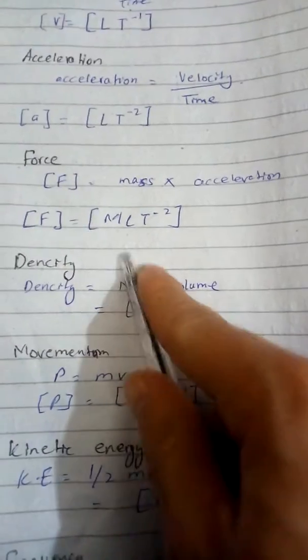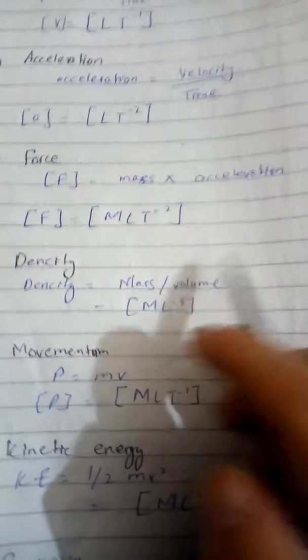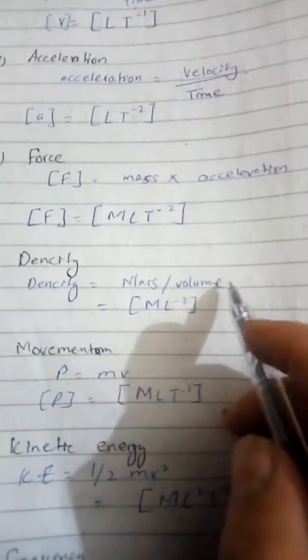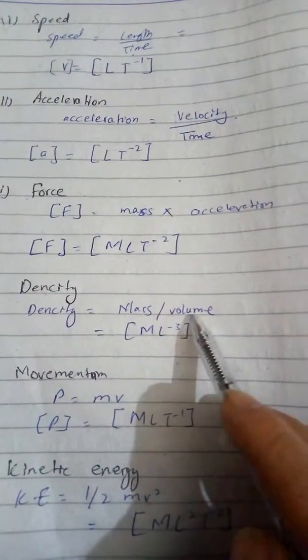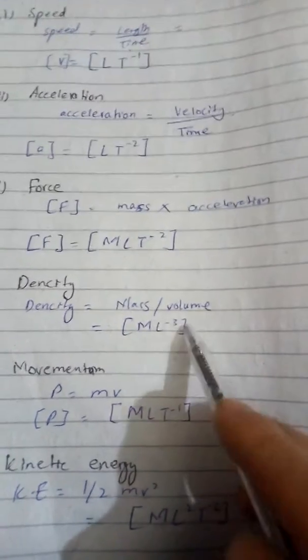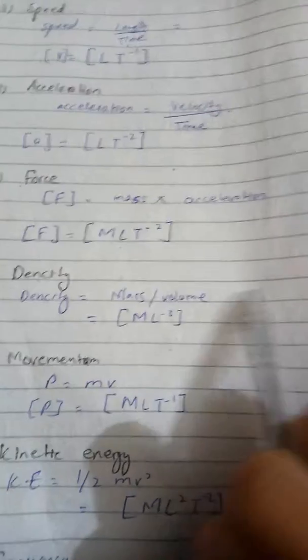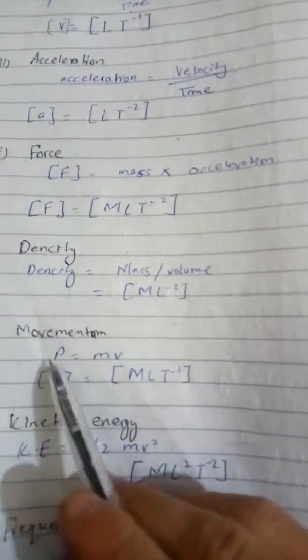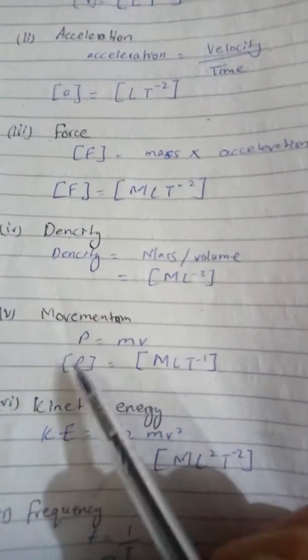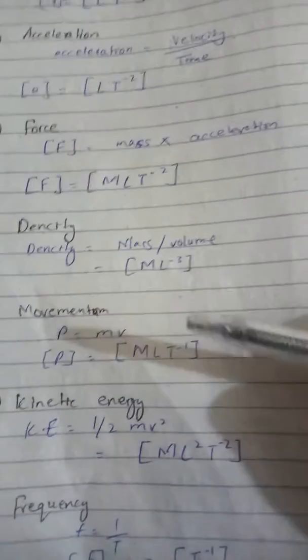And volume is length cubed, and length is L, so we write it as L^-3. It's because volume is in, for example, centimeter cubed or decimeter cubed, and this is L^-3.